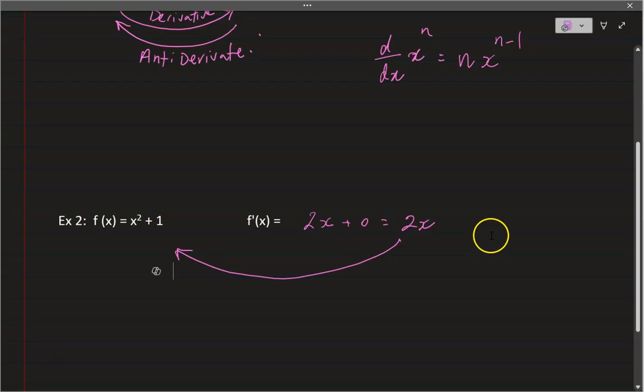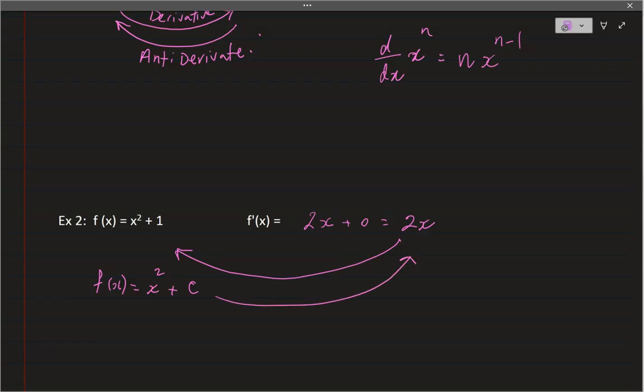But with antiderivative, you can have infinitely many, because I can rewrite another function, f of x equal to x squared, and I can put in here any constant c, and the derivative of that will end up being 2x. Okay, so the f prime of x will always be 2x regardless of what this constant is. So with the antiderivative, we can only find one of many, but we can put it in a general form, and I can explain that in later examples.